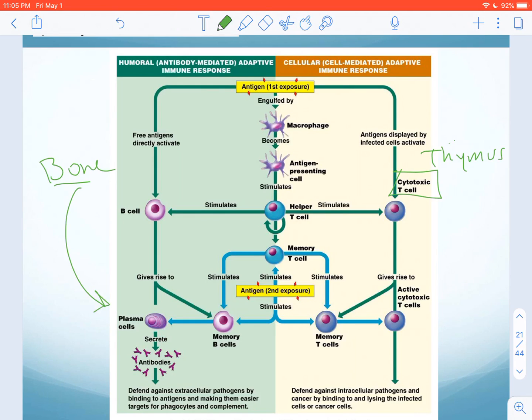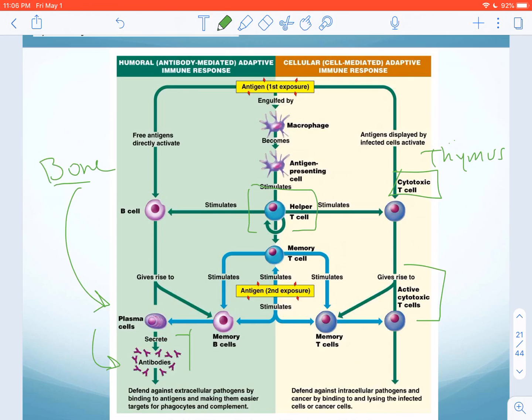B cells secrete plasma and antibodies that attack antigens. T cells kill different cells, so they can kill infected cells, but they can also kill pathogenic cells as well. T cells also make helper T cells, and we'll talk a little bit about helper T cells.